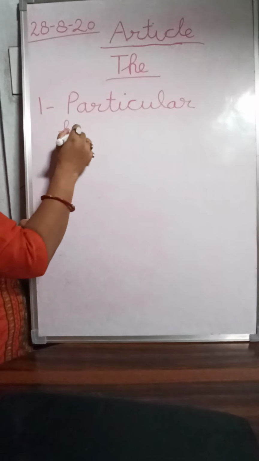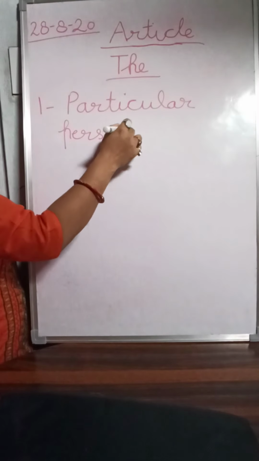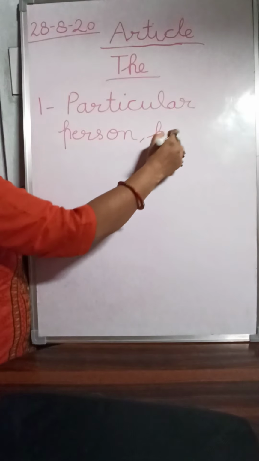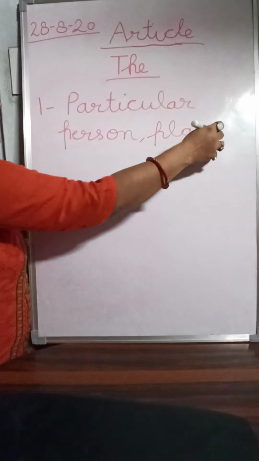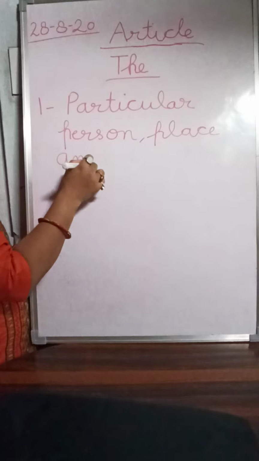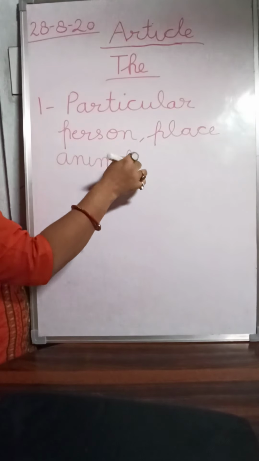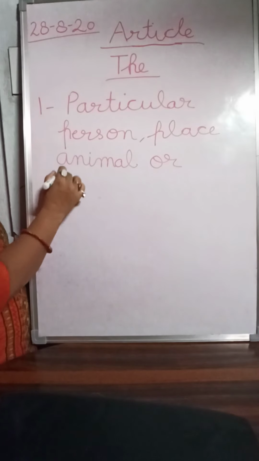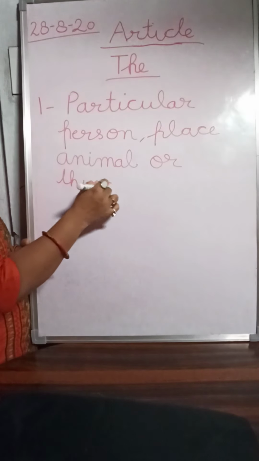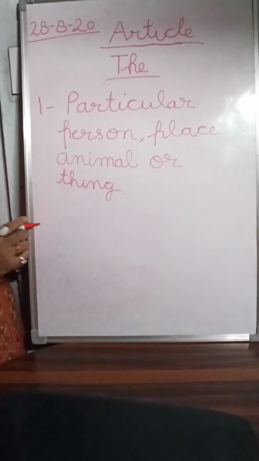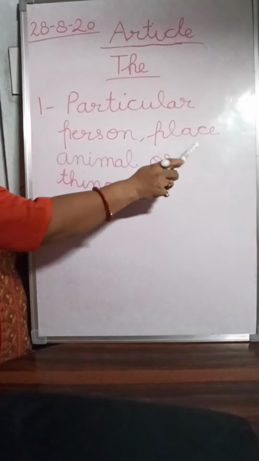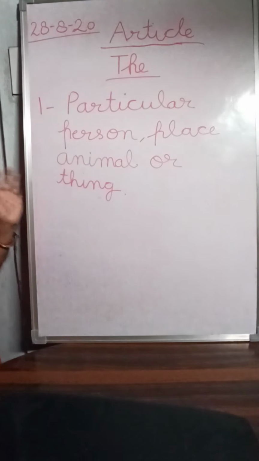If you are talking about a particular person, place, animal, or thing. This point is clear to you? This point is about the fact that we will use the when we talk about a particular and special person, place, animal and thing.